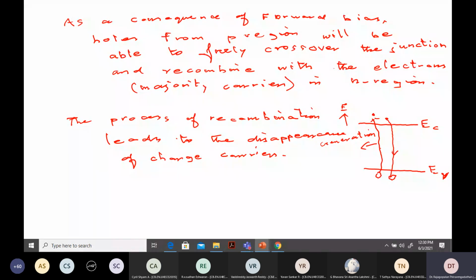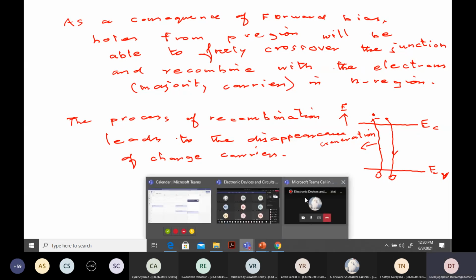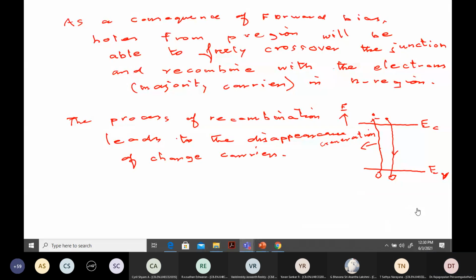As a result of the crossover of the holes, let us now focus our attention. Both processes are happening.